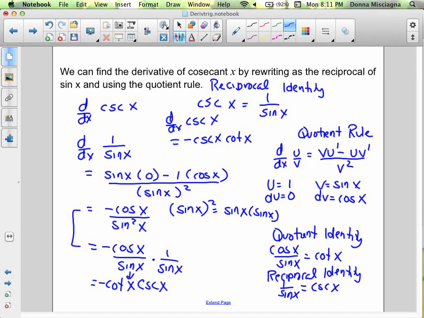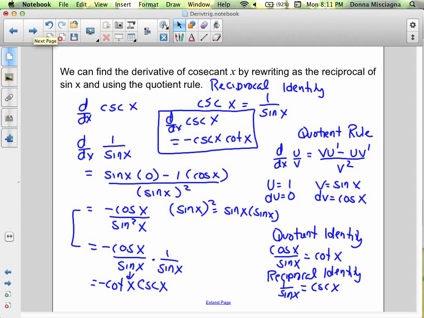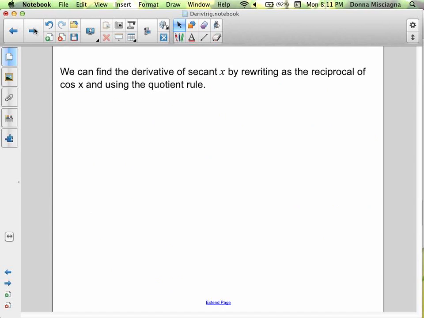It doesn't matter which way you write it. Either way, you're multiplying three things together, a negative 1, cosecant x, and cotangent x. And now we have found our fifth trig derivative, because we already knew sine x and cosine x. We got one more. And of course, who's left is secant x.